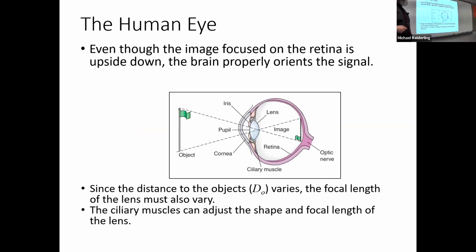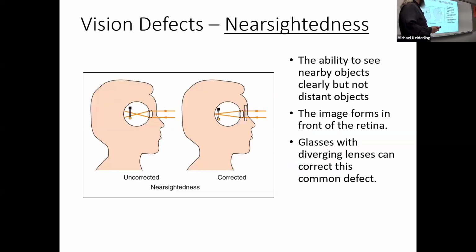The human eye has a lens that focuses an image on the back of your eye. Your muscles change the focal length of the lens to focus on different objects. Glasses correct for weaknesses in the lens. Nearsightedness is the ability to see nearby objects clearly, but not distant objects.